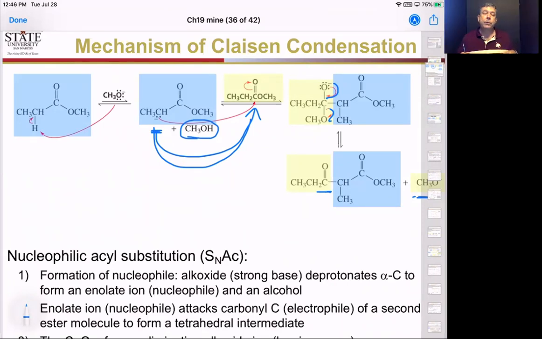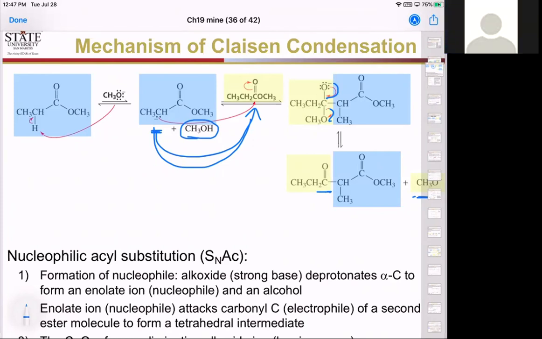So imagine you have very little of that methoxide in there. So you have a little bit of it reacting with one molecule of the methyl ester. And that means there's a whole bunch of other methyl ester just sitting there that are neutral. They're not charged. So those ones that haven't been made into enolates can then be attacked by the one that is made into the enolate.